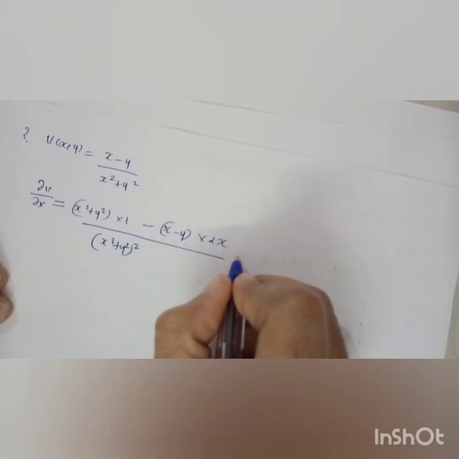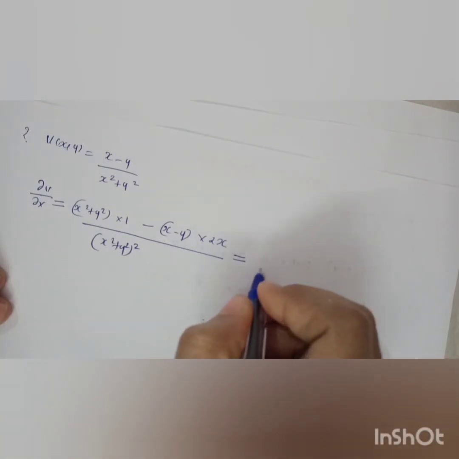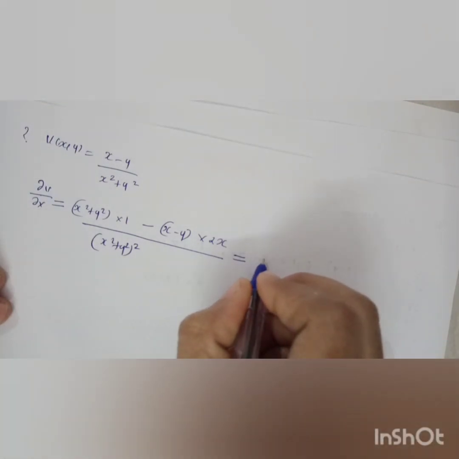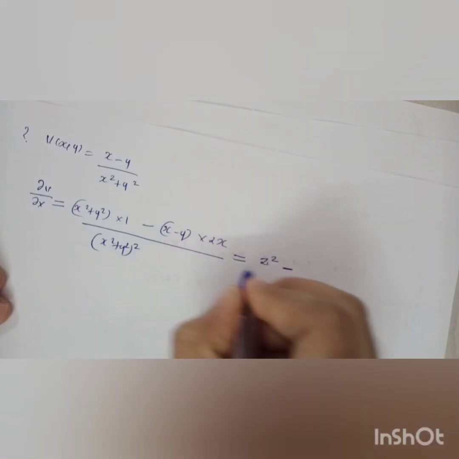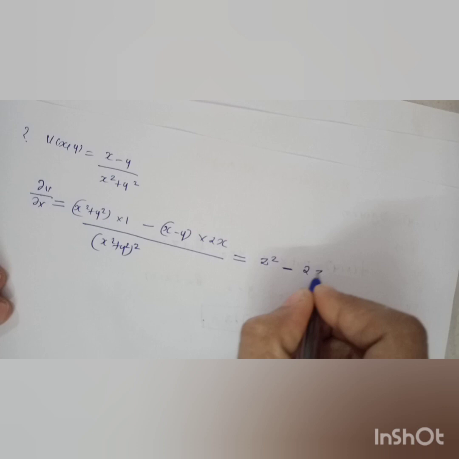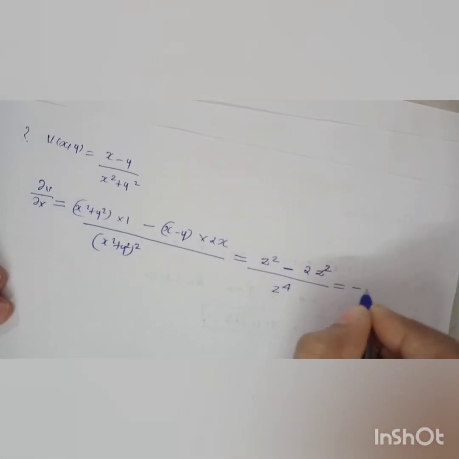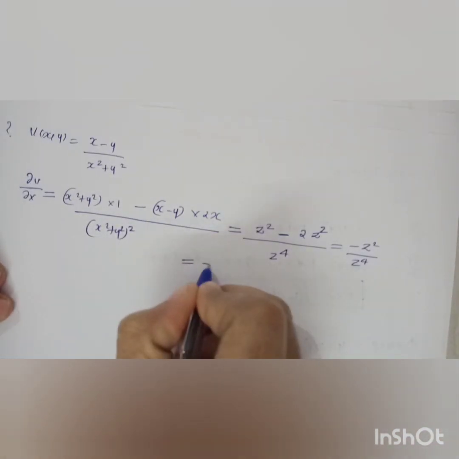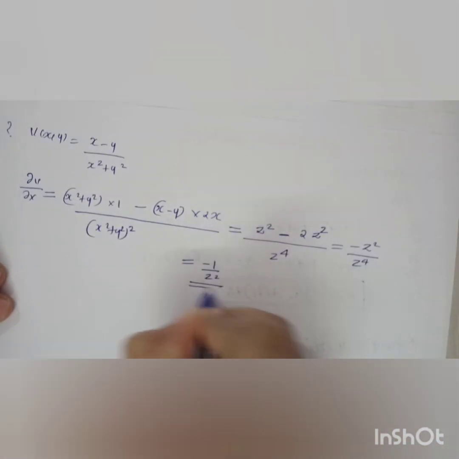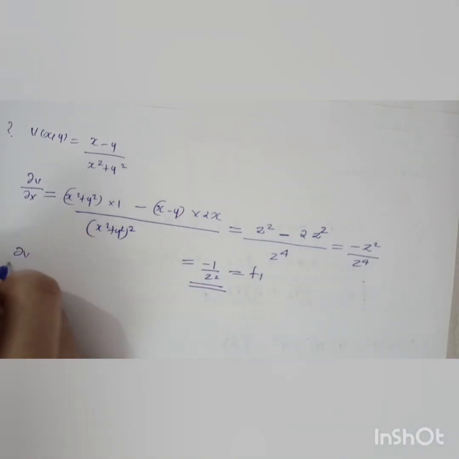We substitute y equal to 0, so z square minus 2z square divided by z power 4, that is minus z square divided by z power 4. So that is minus 1 by z square. This is f1.